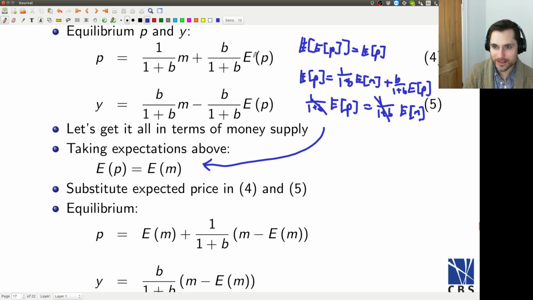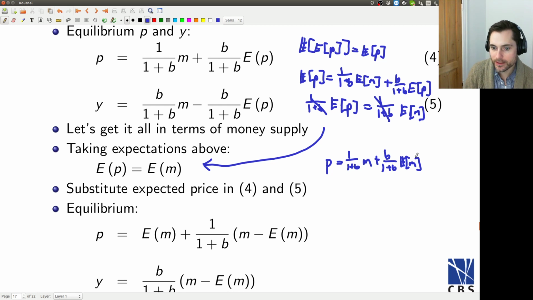So you might say, wait, this seems like we're missing one more thing here. That's true. We need to subtract off and add 1 over 1 plus B times EM. So I'll show you how you do this here. So P is going to be equal to 1 over 1 plus B M plus B over 1 plus B times the expectation of money supply.